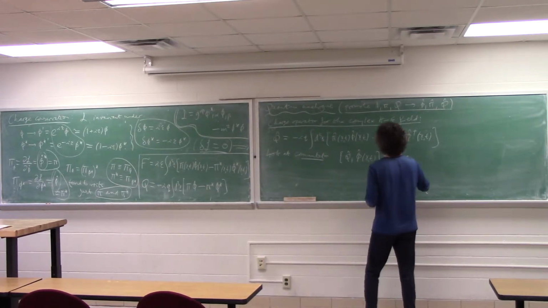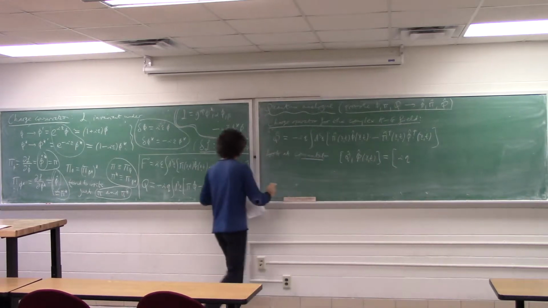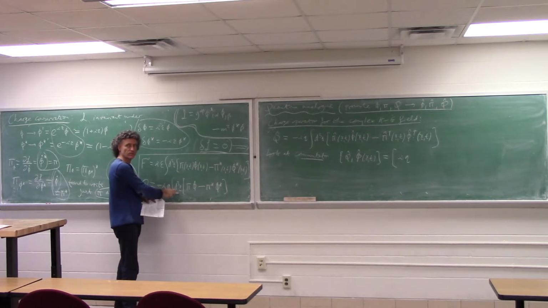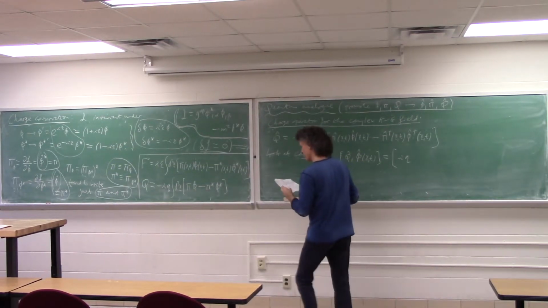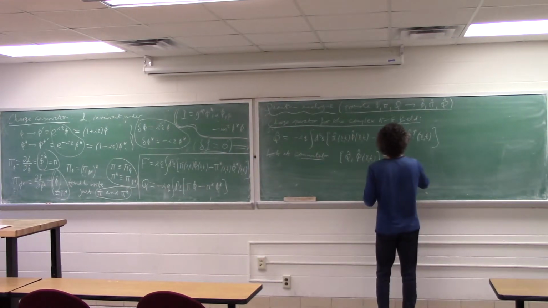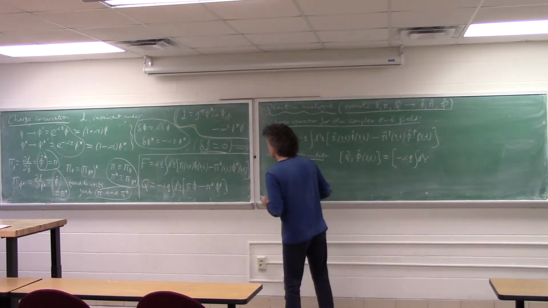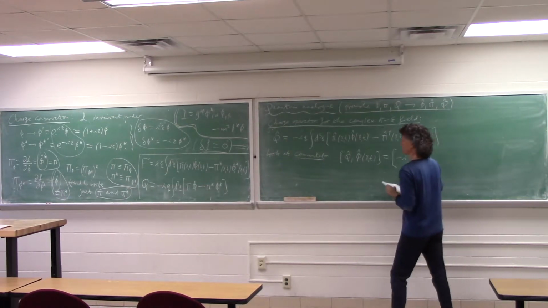Let's write Q. We don't want to confuse the x argument here with the x argument in this integral. So let's replace this x argument in the integral by an x prime.